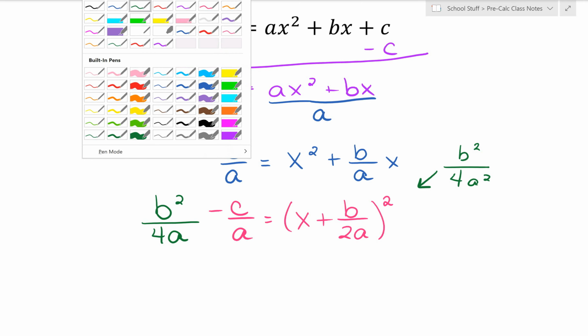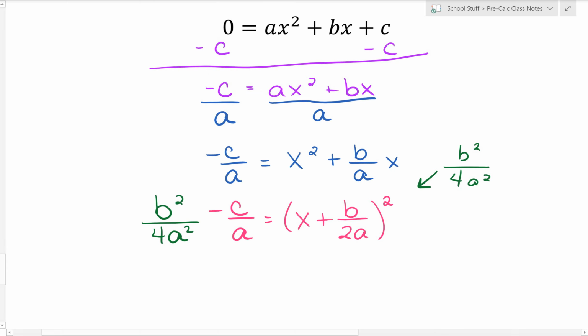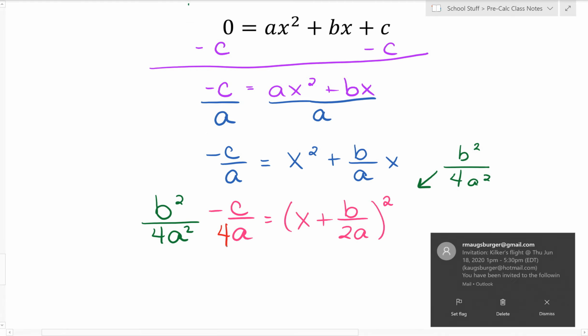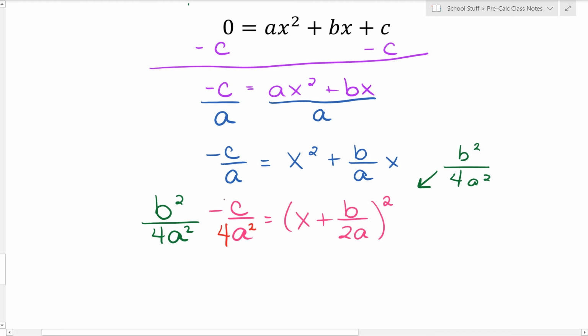And then what I'm going to do is I want to get a common denominator. And so, oops, I need a squared here. My common denominator is going to be the 4a squared. So let's tack on a 4 and an a here.